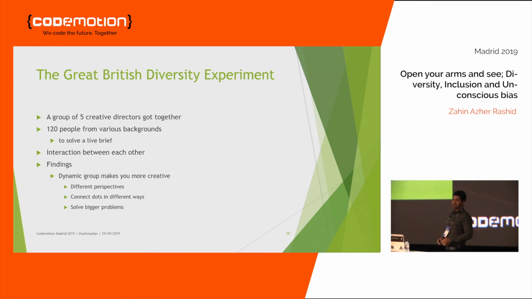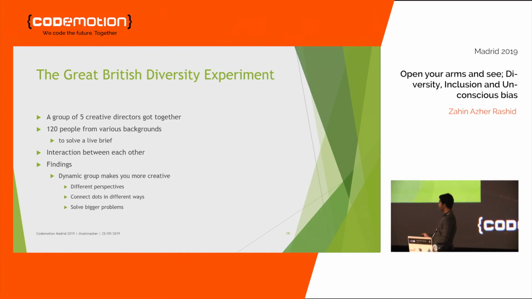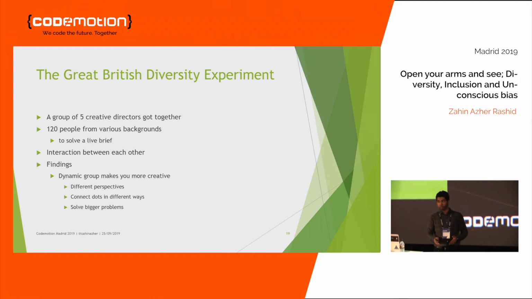Okay, now there's another very famous experiment. A group of 5 creative directors got together and did an experiment called the Great British Diversity Experiment. They brought together 150 people from various backgrounds to solve a live brief. Basically, they wanted to study how people interacted and engaged with one another compared to a homogeneous group.